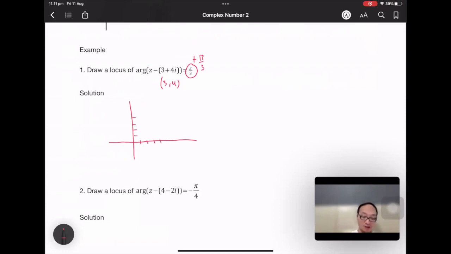So 3, 4 will be here. And then pi over 3 positive from the real axis. If this is the real axis, we draw pi over 3, so around here. So this is pi over 3. So this is the half line. How do you draw the half line?